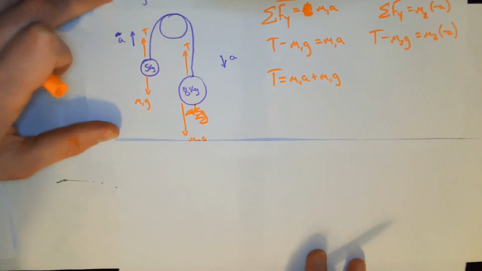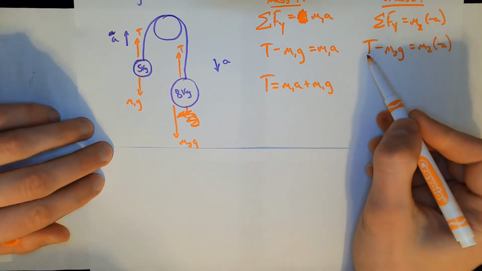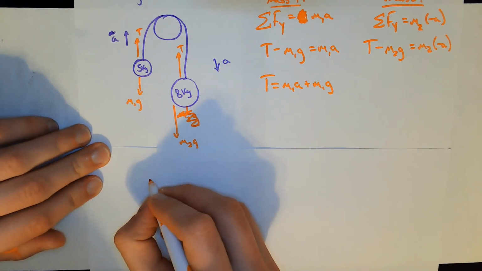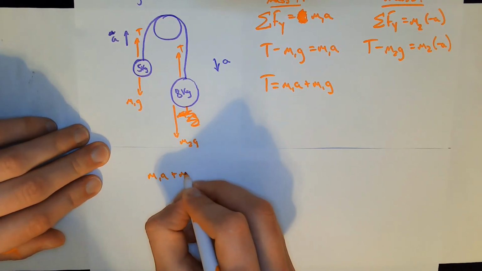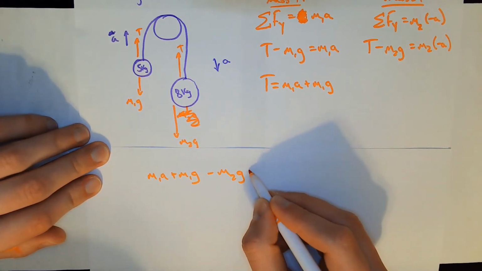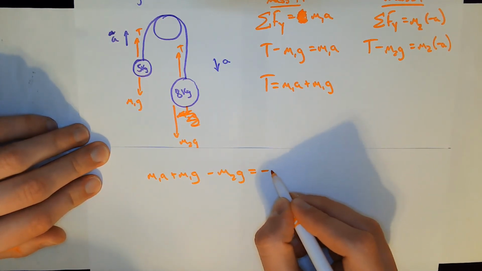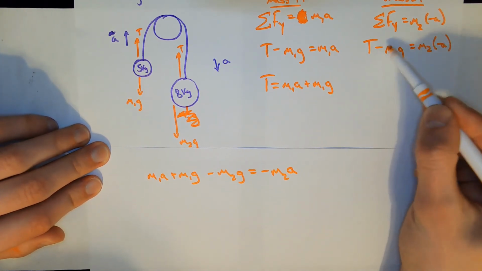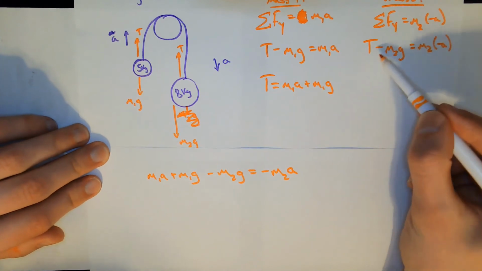And then I'm going to plug that in for that T. So M1A plus M1G minus M2G is equal to negative M2A. So just this equation, but plugging in this for T.